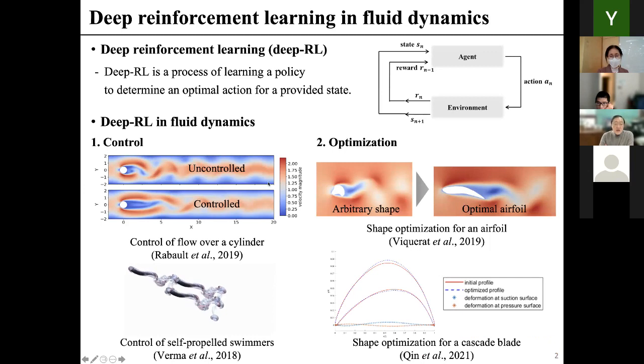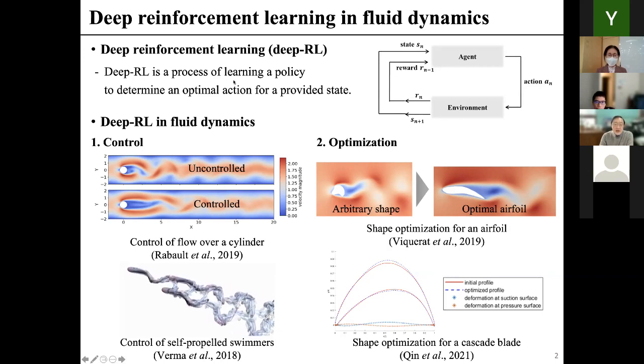So I believe most of you are familiar with the concept of reinforcement learning. The learning is basically developing a brain which learns a policy for conducting an objective action.